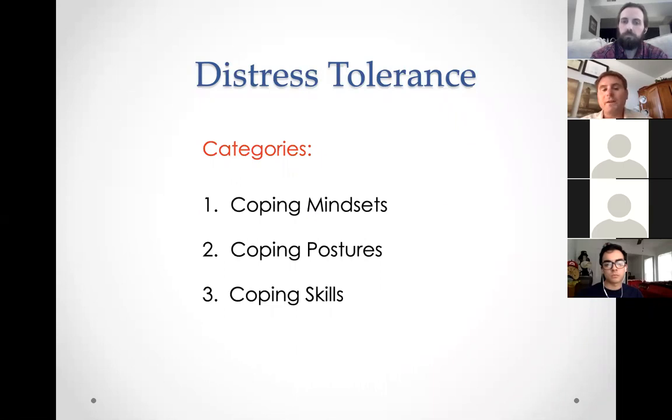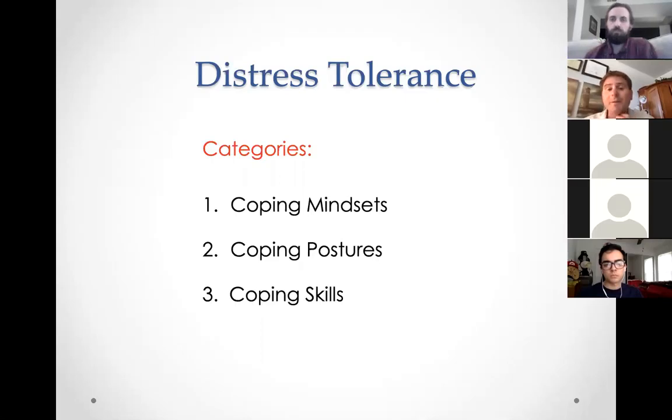So what I've done is I've broken all of the different DBT distress tolerance skills into these three main categories. Some distress tolerance skills are all about coping in your mind, so I'm calling those coping mindsets. Some are all about using your body itself to cope, so I call those coping postures. And the majority of DBT distress tolerance is all about specific things you can do. Those are what I call coping skills.